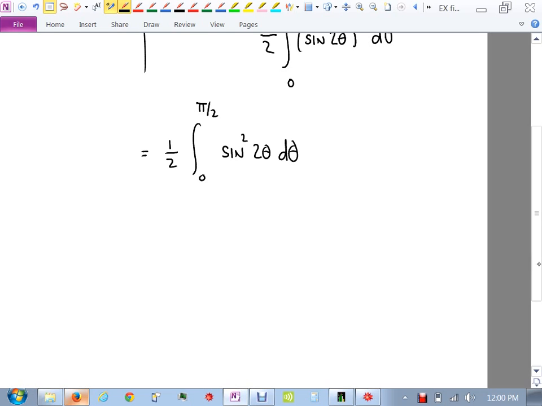Power reduce. 1/2 minus 1/2 cosine 4 theta. So you'd power reduce that and then go from there. Okay? Think you could do that?